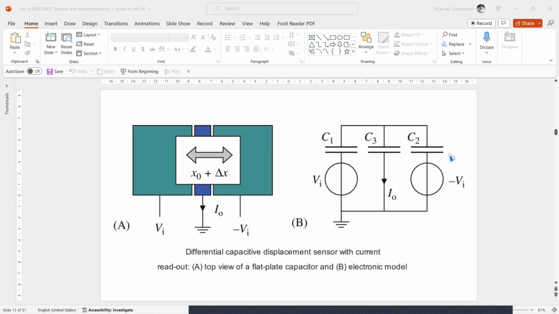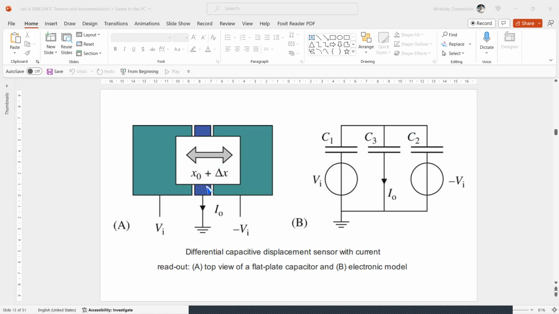In a differential configuration, C1 equals C naught plus delta C, and C2 is C naught minus delta C. Okay, so the output current appears to be proportional simply to delta C and consequently to the displacement delta X, right? As you can see from figure A. Do you agree with me?